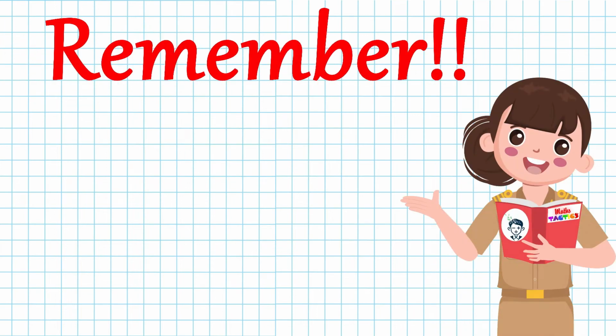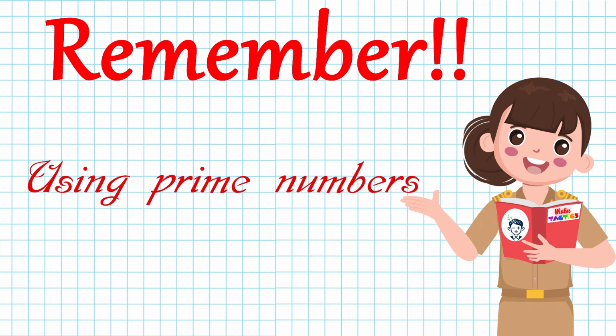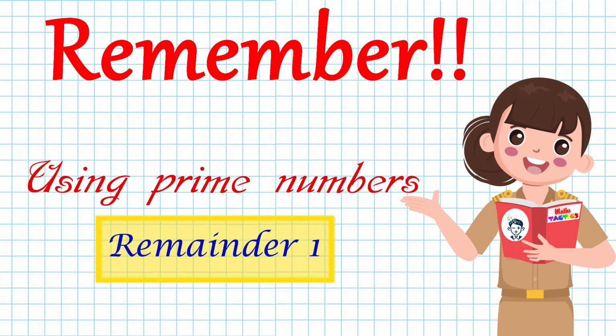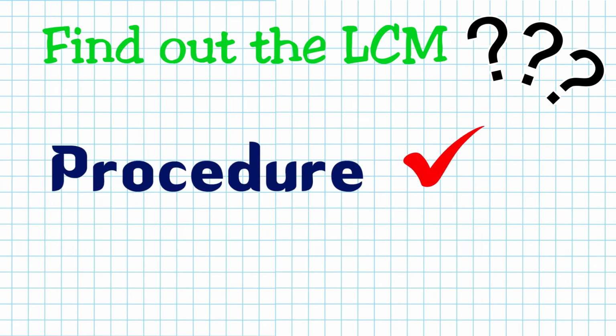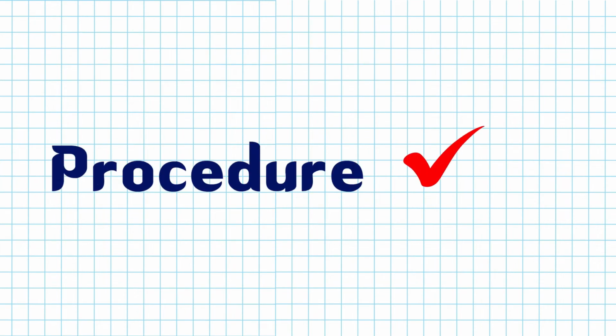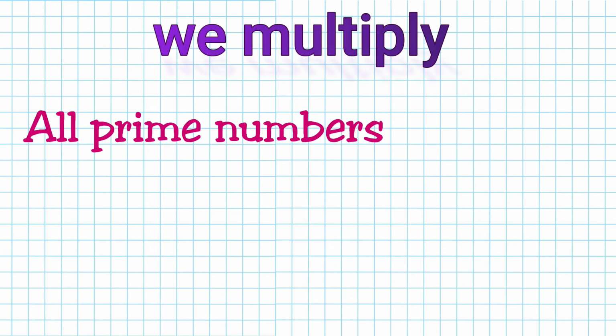Remember one thing, that we'll keep on dividing by using prime numbers only, unless we get the remainder 1 for all the numbers given in the set to find out the LCM. Once we are done with this procedure, we will multiply all the prime numbers together.